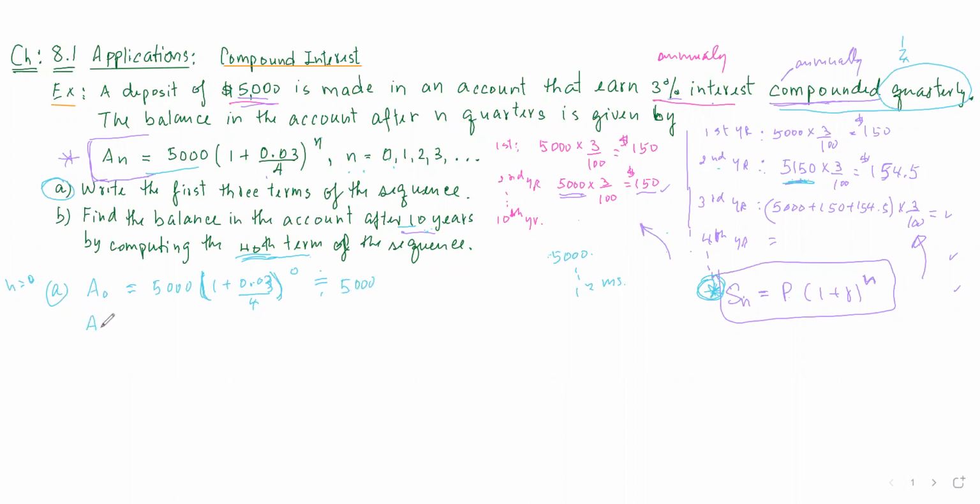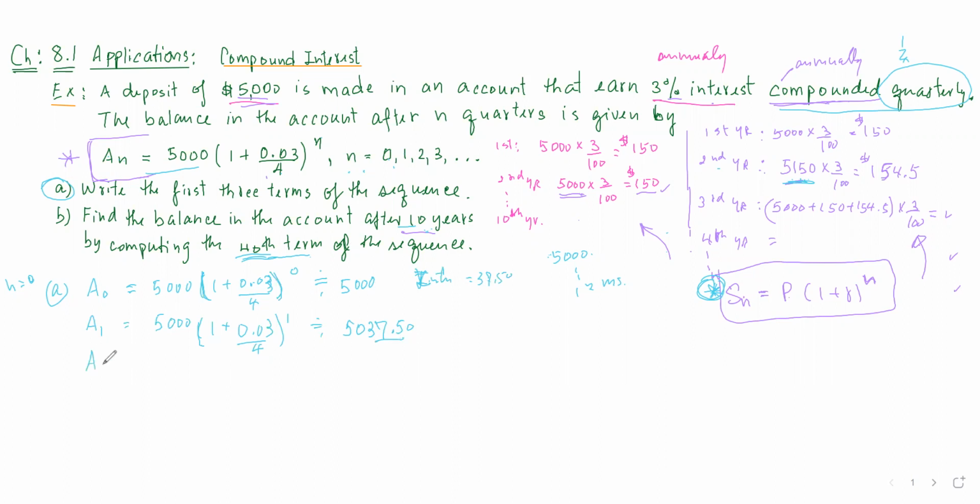Then when the end of the first year, 12 months already, you can have 5,000 times (1 plus 0.03 over 4), and then n power 1. Then you calculate this one, approximately it becomes 5,037.5. So from this one, you got the interest, I, becomes what? 37.5, right? From the principal you have.